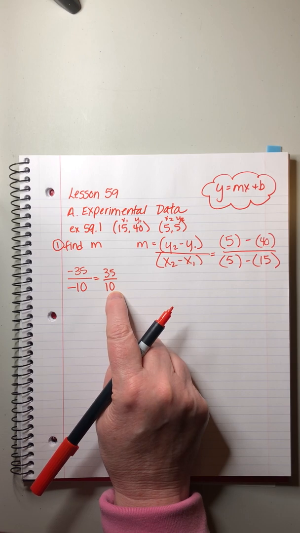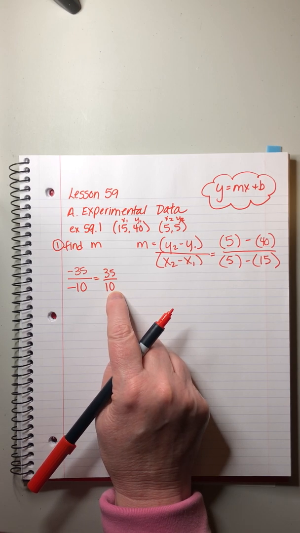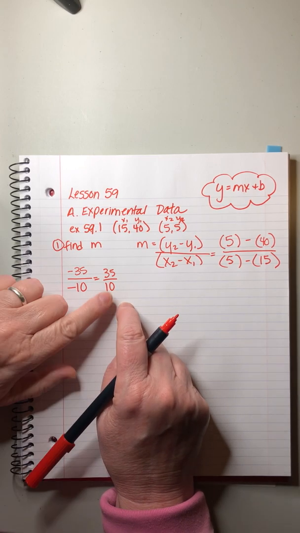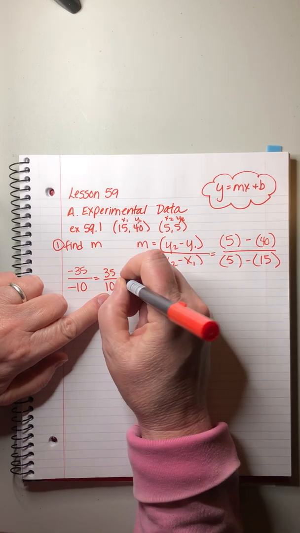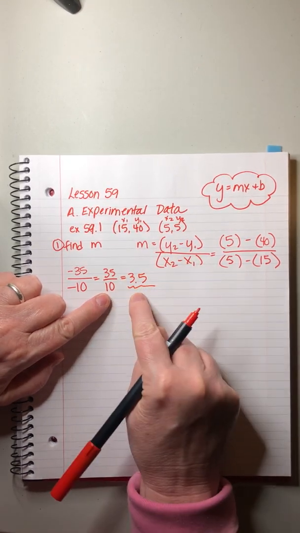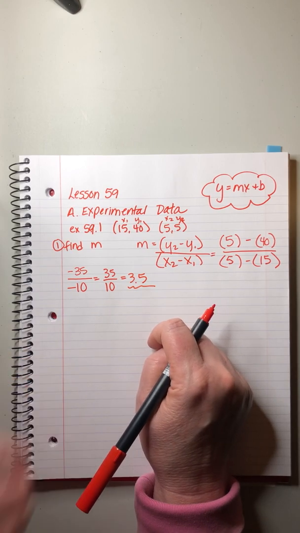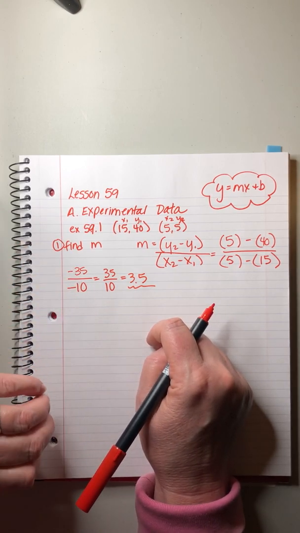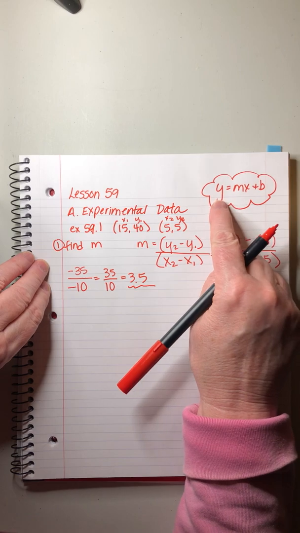But here's the thing. Scientists, which today we're pretending to be, don't like fractions as much as mathematicians do. They prefer decimals. So when I see this just begging to be a decimal, fine. We'll let it be a decimal. Our slope is 3.5. Okay? So lean into the decimals on these problems.